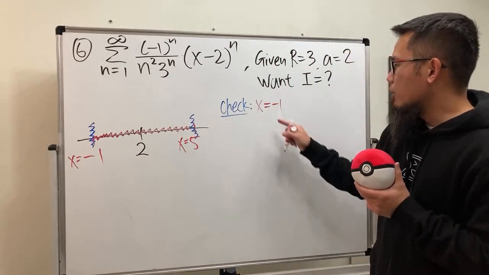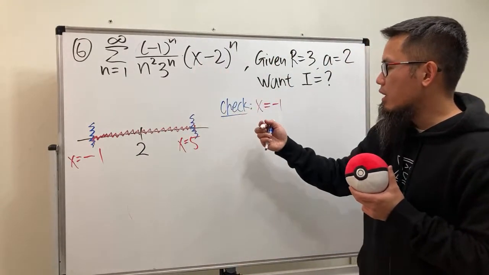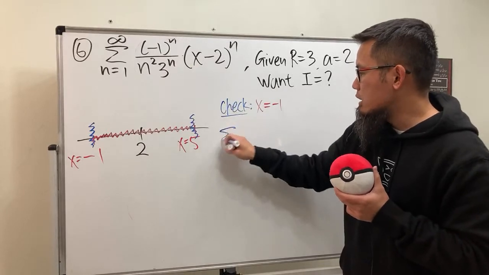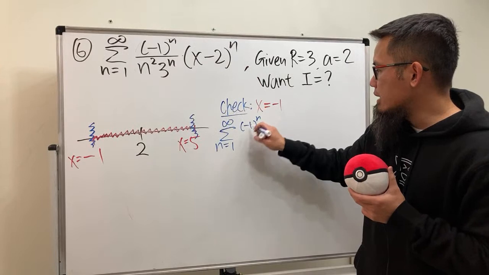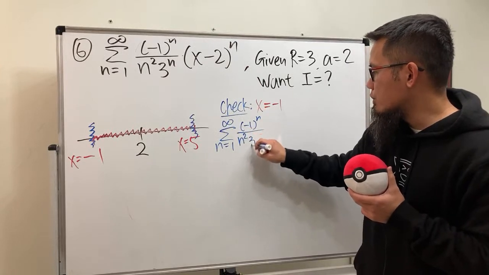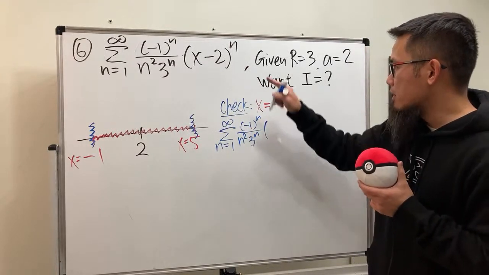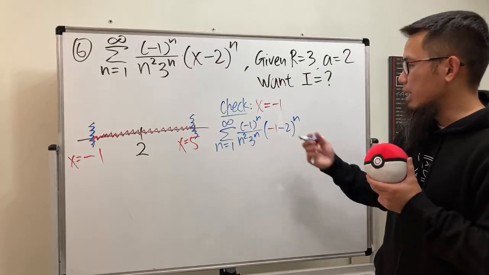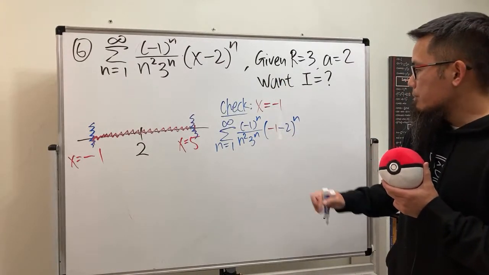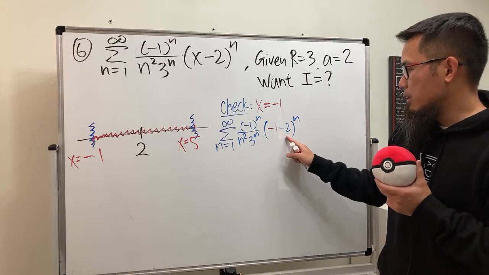Plugging -1 in, we are looking at the series as n goes from 1 to infinity, (-1)^n over n squared 3^n, and we have (-1 - 2)^n. Well, this is -3.